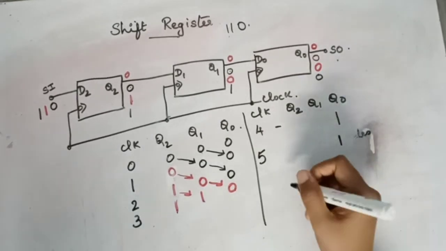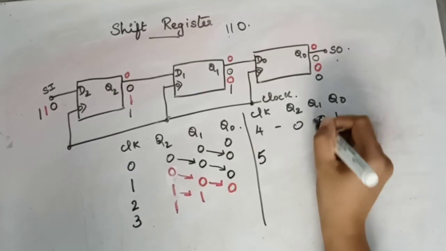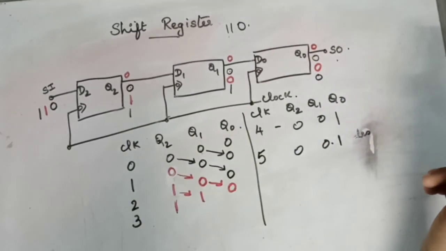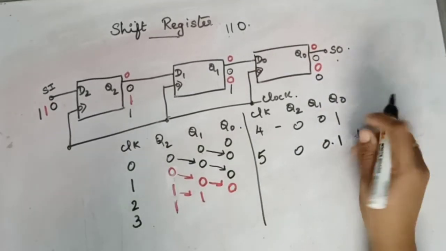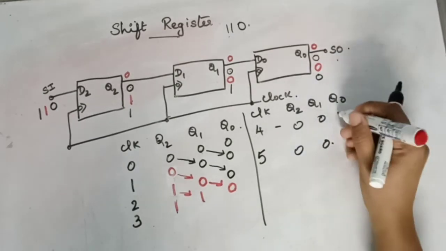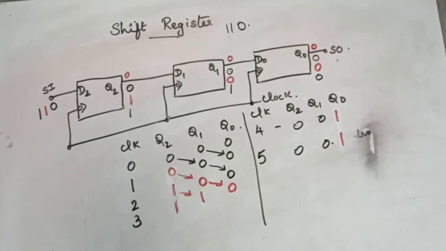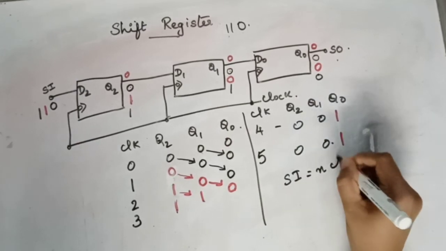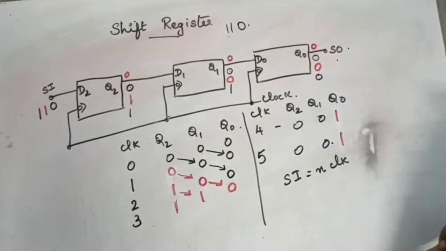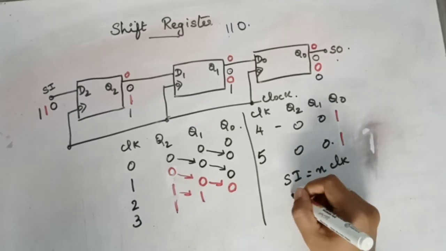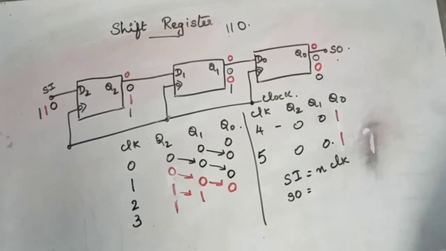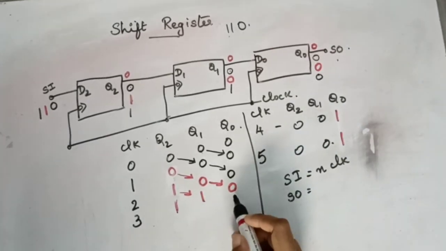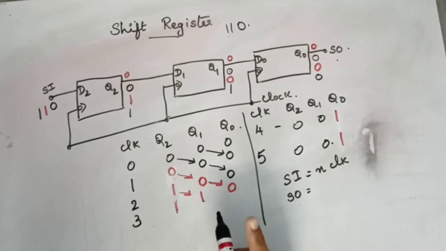So in short, this will be zeros because I am not inputting any data. And these two are my actual data. So serial input requires n clock pulses, where n is the number of flip-flops. Serial output requires, after serial input, at the end of that serial input, I get 1 bit.